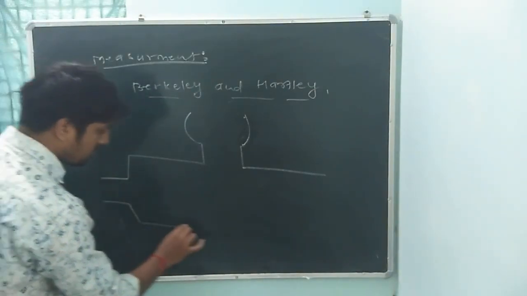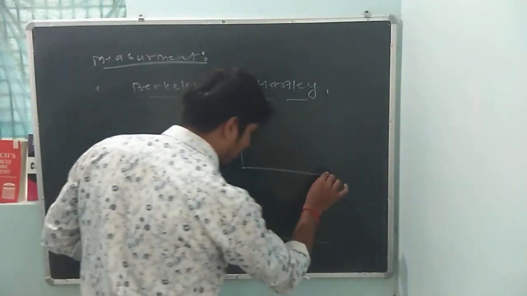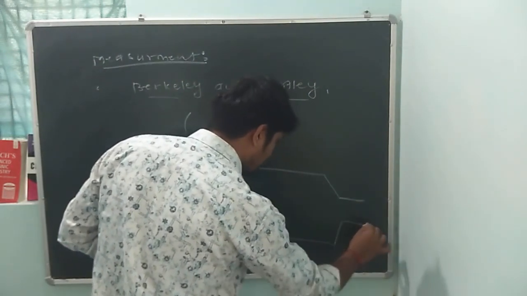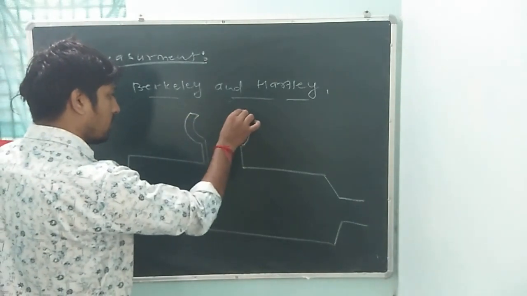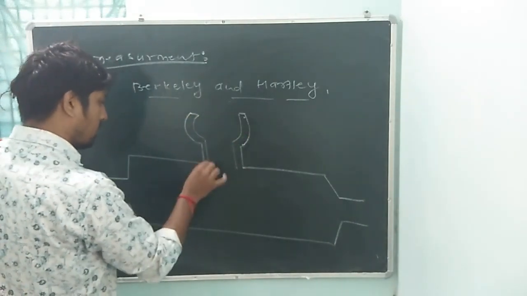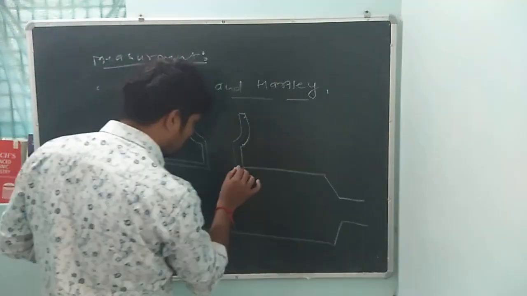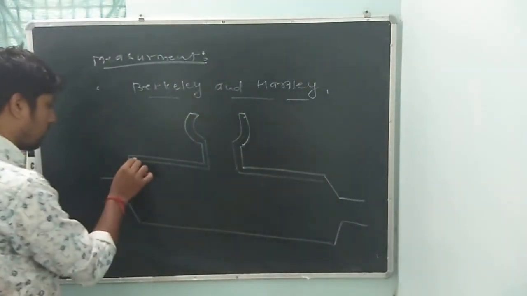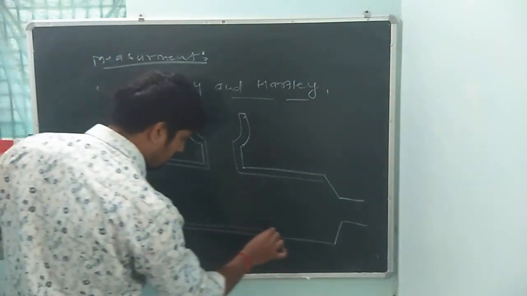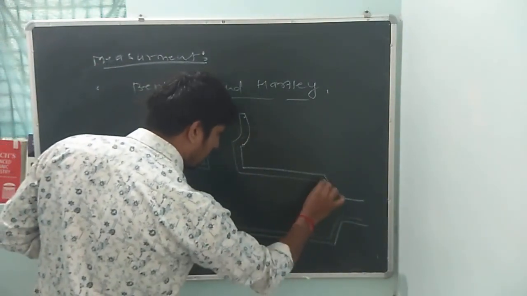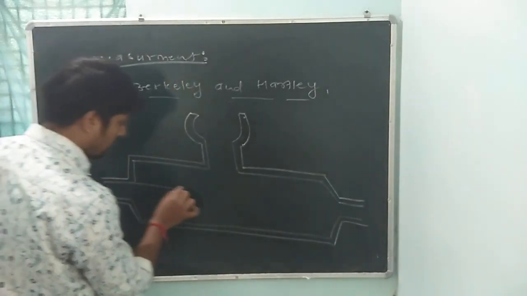Okay, I draw one diagram like this, and then you can easily understand the method of Berkeley and Hartley.